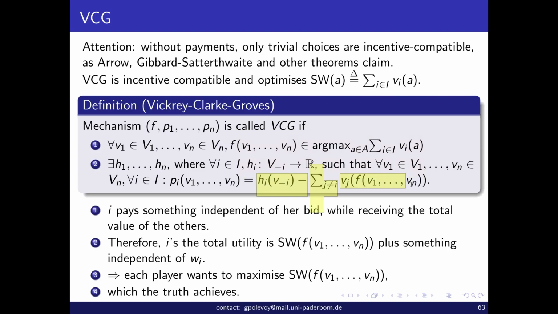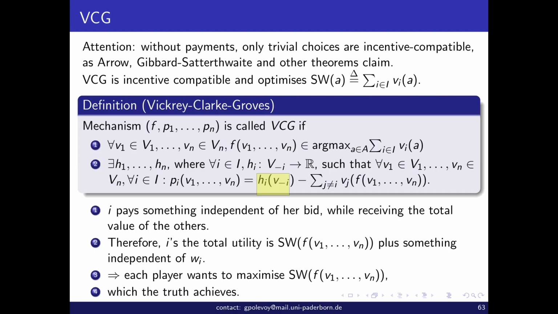First of all, let's look at the second term, which we charge. Minus minus equals plus. So I receive her value of what has been chosen plus the values of everyone else. So in general, it's the sum of the values. So I receive the social welfare minus this h_i.